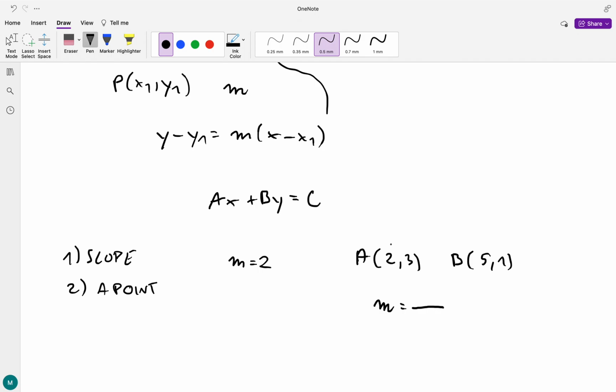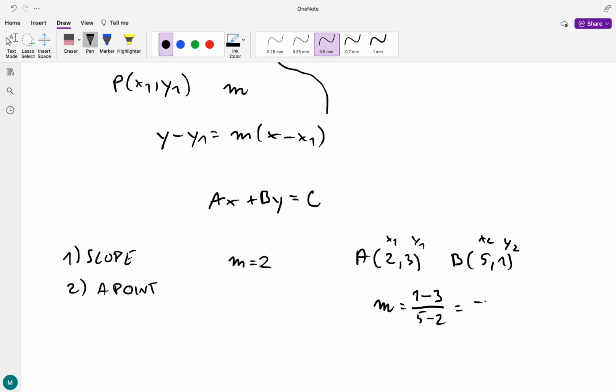Let's say this is our x1, this is our x2, this is our y1, and this is our y2. We're going to start with y2 minus y1, so it's 1 minus 3. And on the bottom we have x2 minus x1, 5 minus 2.